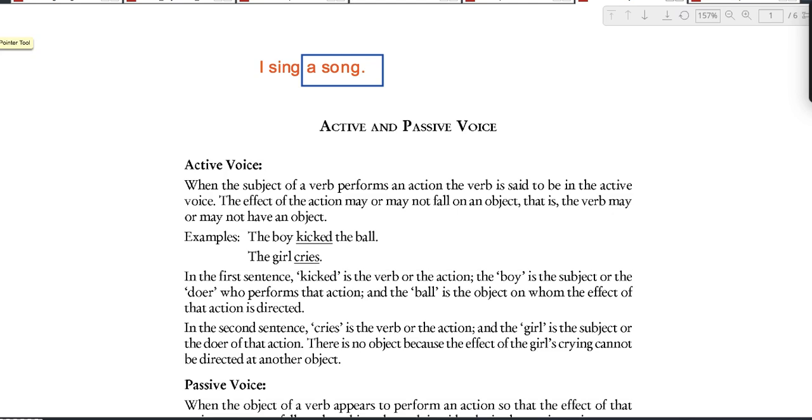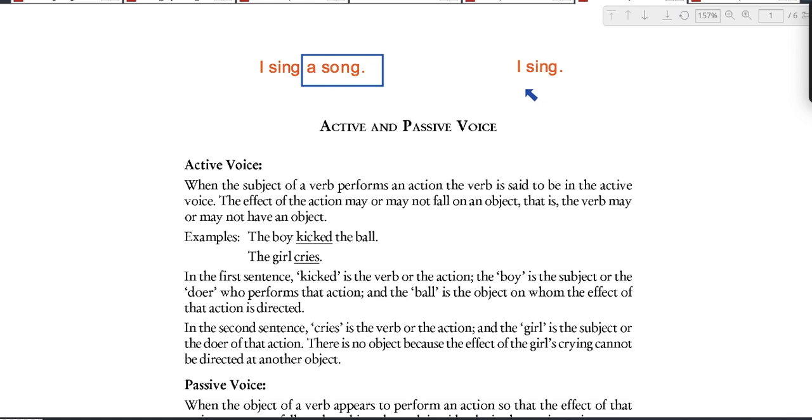The important thing is that I sing a song is a complete sentence, and you can also say I sing. But when you make the passive voice of I sing, you need to add a song yourself.